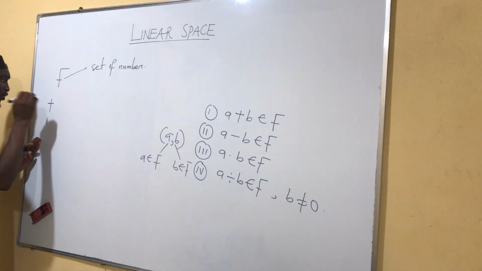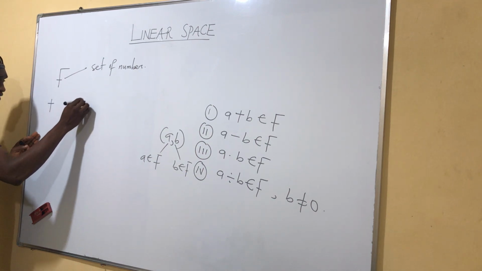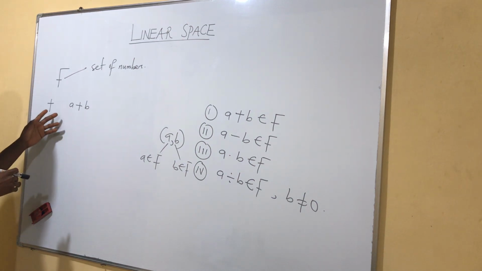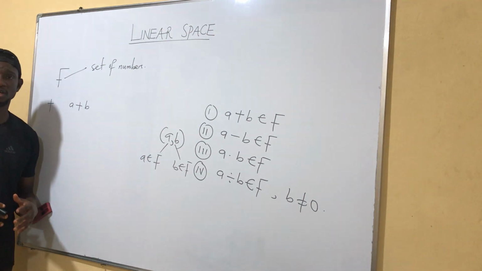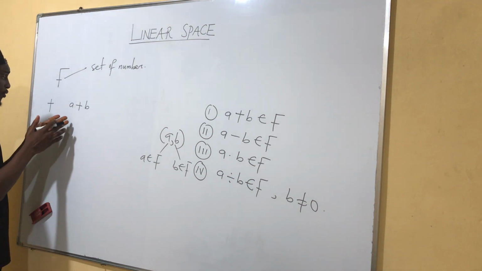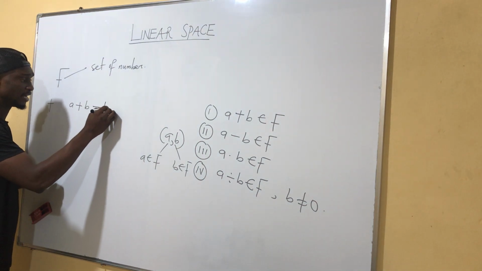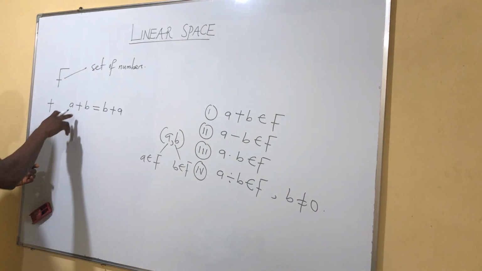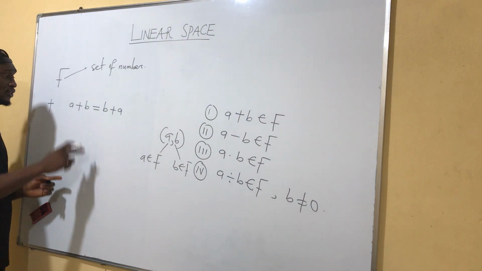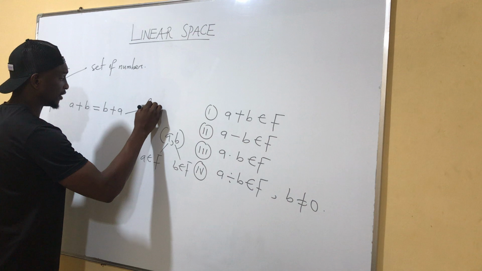When it comes to the additive operation between two elements in F, addition doesn't depend on order. The result it gives between A and B is also the result it will give between B and A. So we say that the additive operation on the elements of F is commutative. Hence, elements in F satisfy commutativity.